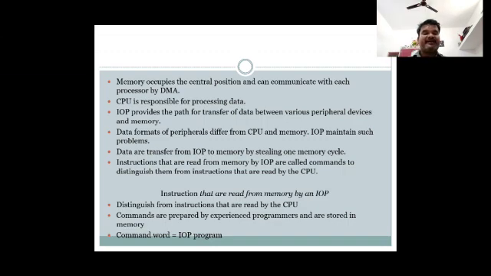Instructions that are read from memory by input output processor are called commands to distinguish them from instructions that are read by the CPU. Here you see CPU input output communication in the diagram.